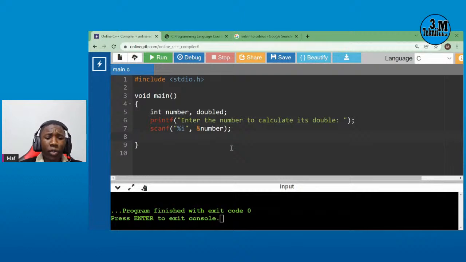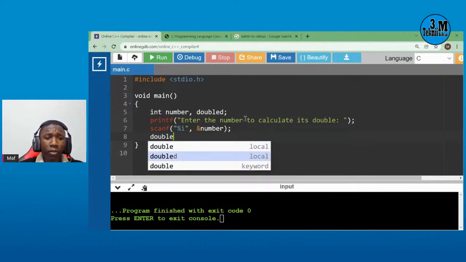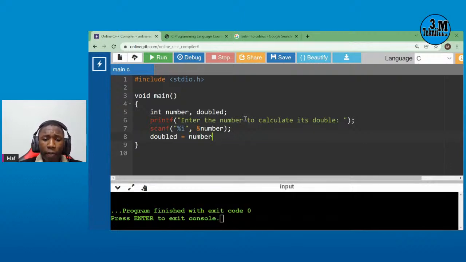Then after the number, we can calculate the doubled. Let's call it doubled, and we have the number multiplied by 2. How can we compute the double? Number plus number. This is the double of the number, which is the same as the number times 2.